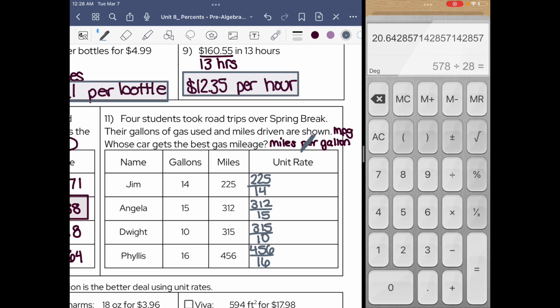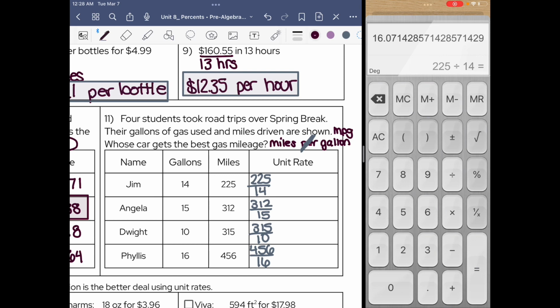And we're going to divide them here in just a second. Okay, all it takes to do unit rate, guys, is a calculator to give you the decimal. 225 divided by 14. 16.07.